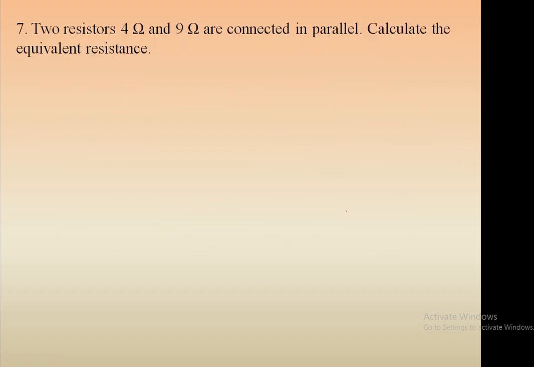Now the next one: two resistors 4 ohm and 9 ohm are connected in parallel. Calculate the equivalent resistance. 9 ohm and 4 ohm are connected in parallel. So let us write R1 is equal to 4 ohm, R2 is equal to 9 ohm. Since they are connected in parallel, the equivalent resistance Rp is equal to, we have the familiar formula, R1 R2 divided by R1 plus R2.